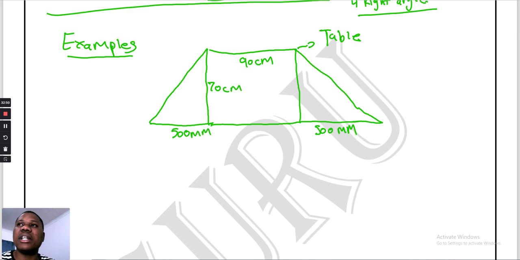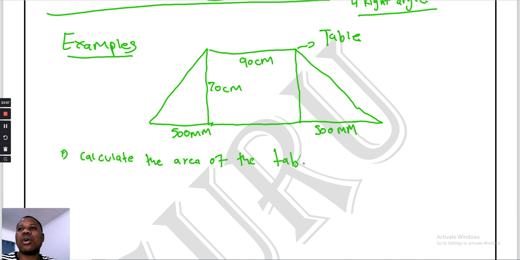Let's calculate this area in centimeters. Let me write it down here. Calculate the area of the table in centimeter squared.